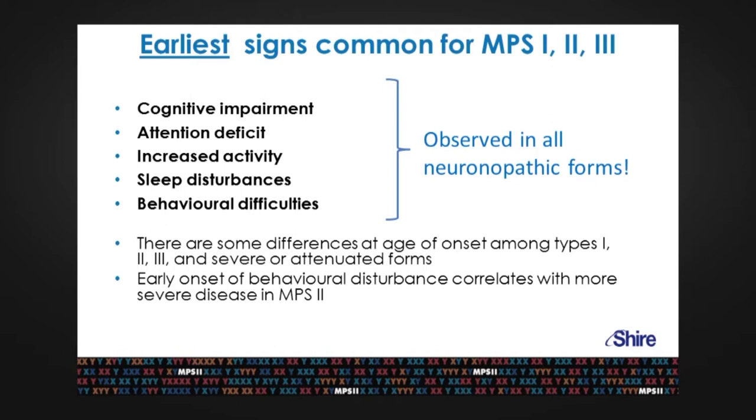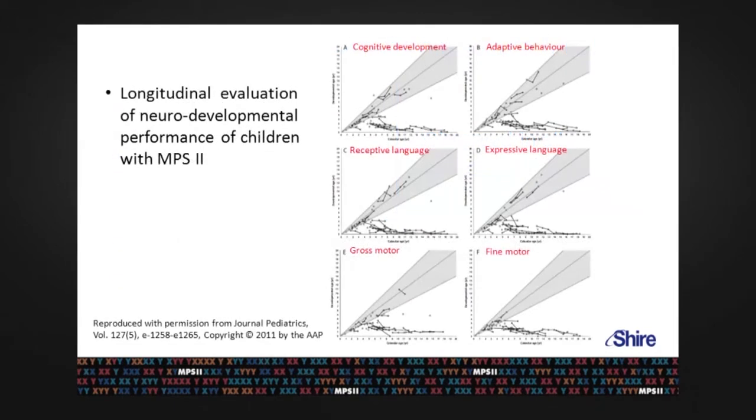If you see neurological or behavioral problems very early in an MPS 2 patient, you can be sure that it will be a more severe form of MPS 2. This is interesting data done by Holt.